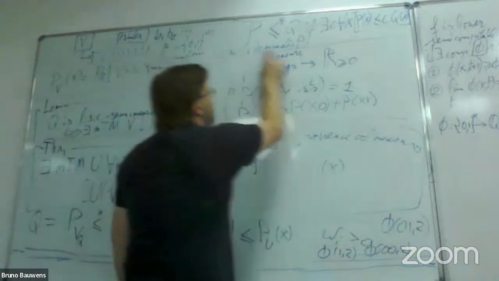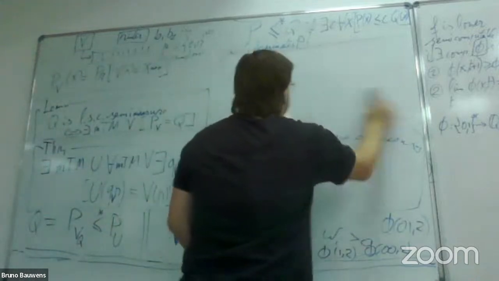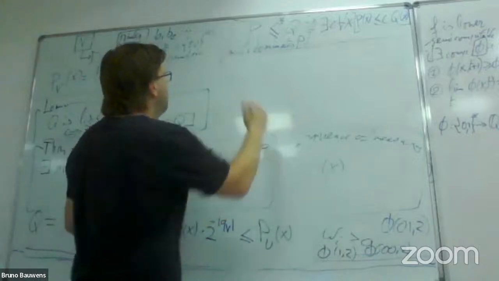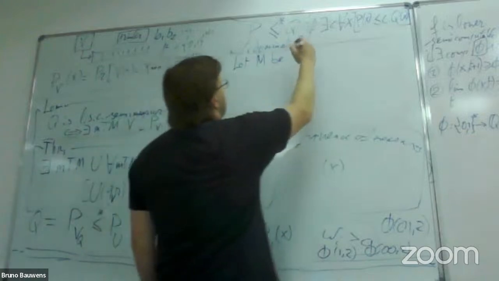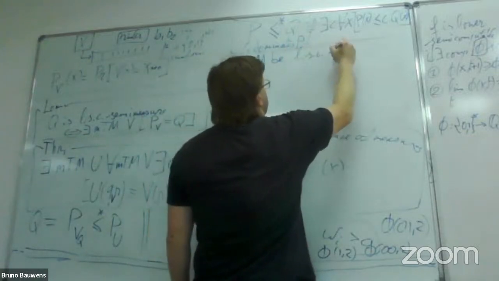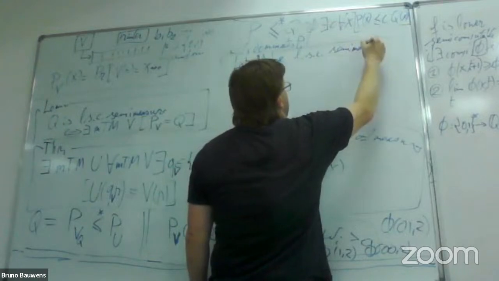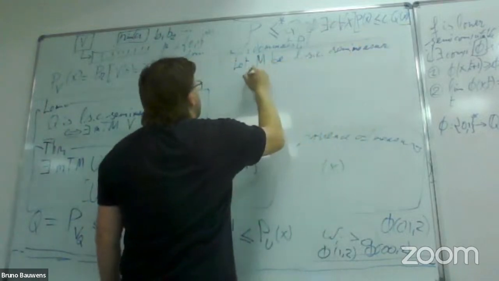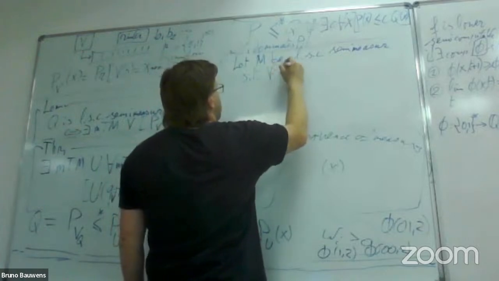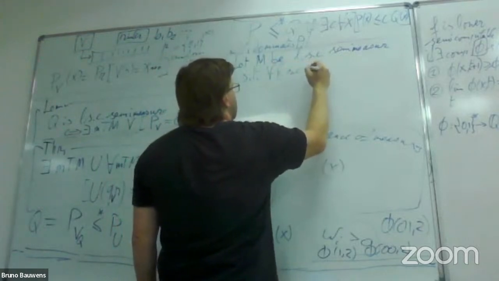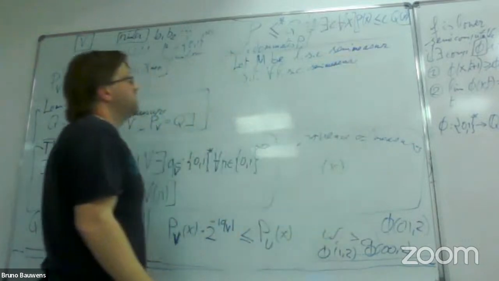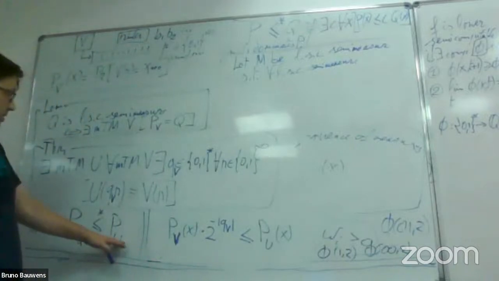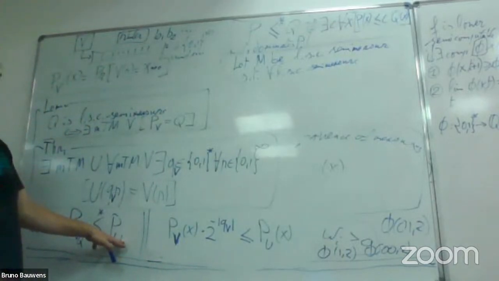So let's write here the definition. Let M be a lower semi-computable semi-measure. The measure we obtained here is called a multiplicatively optimal lower semi-computable semi-measure.